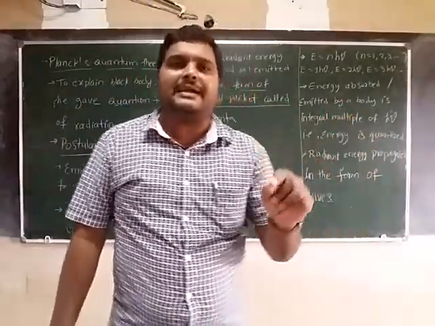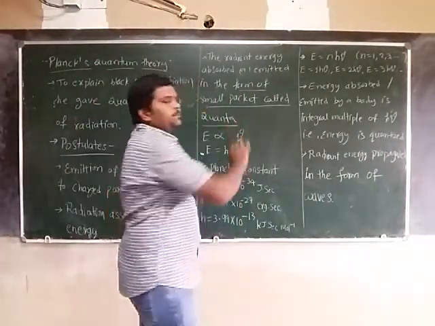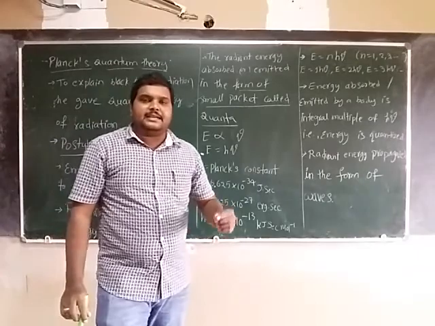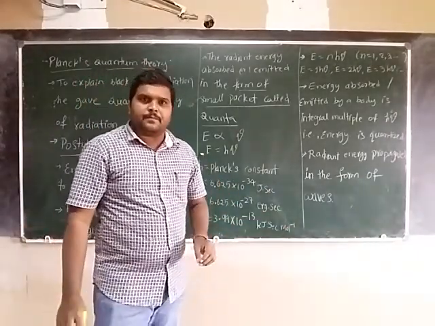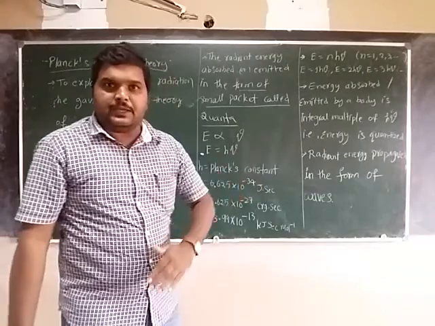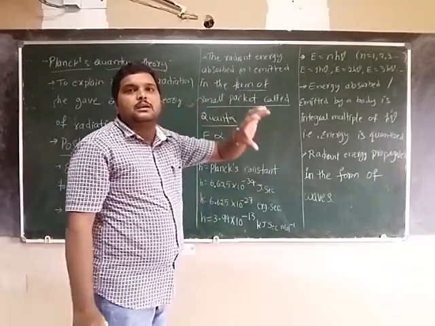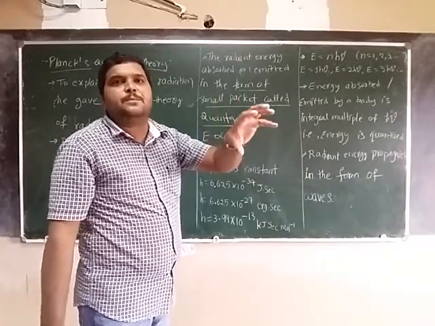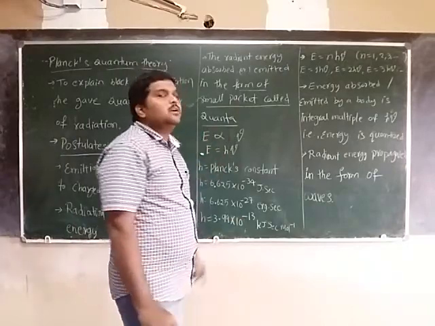That small packet of energy is called a quantum, plural quanta. The energy emitted or absorbed by a body is in the form of quanta, small energy packets that we call quanta.